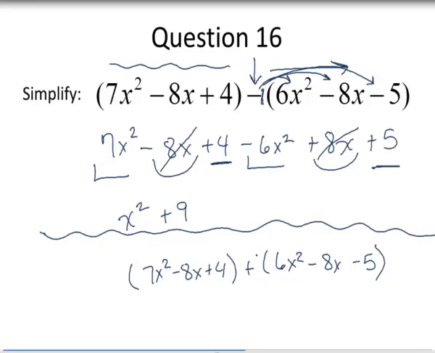If you distribute a plus sign, or a positive 1, it won't change anything when you multiply times positive 1, will it? So this won't change the signs. This will just be 7x squared minus 8x plus 4, and this will all be the same, plus 6x squared minus 8x minus 5. So no changing when there's a plus sign between them.